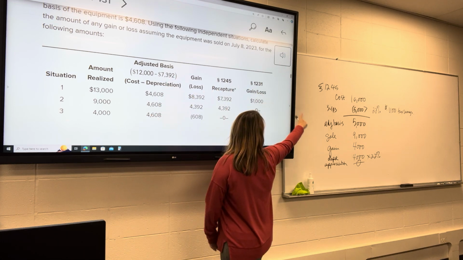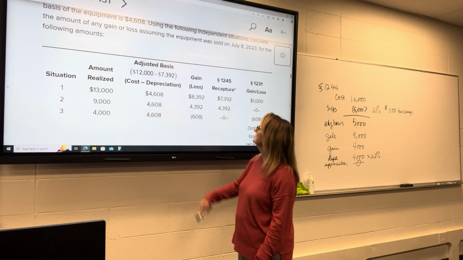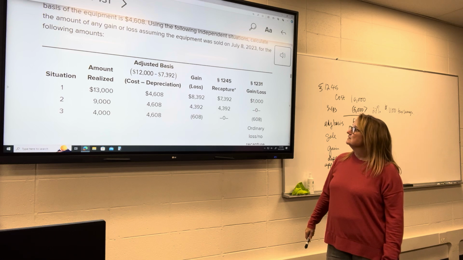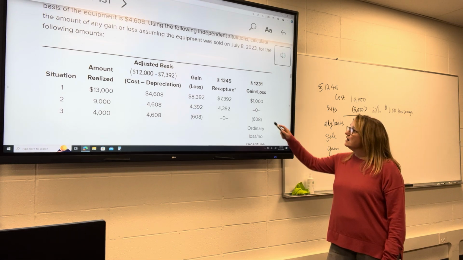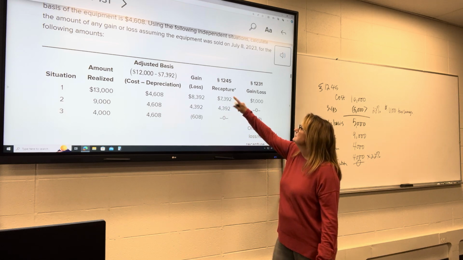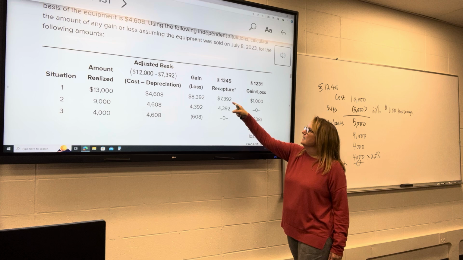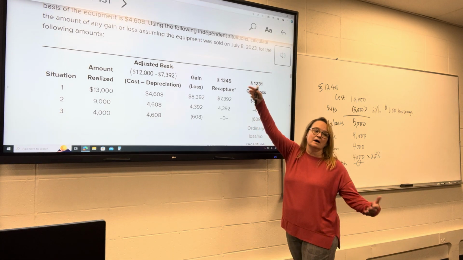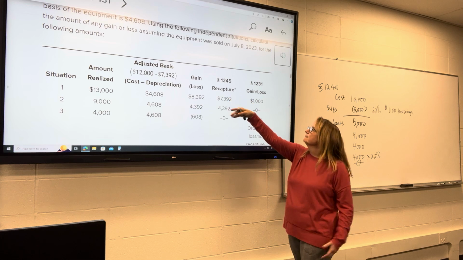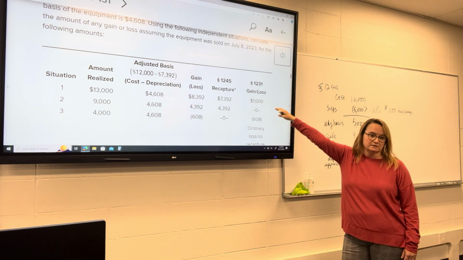First one, got $13,000 for it. So the gain in this case is $8,392. Of that gain, $7,392 of it is the 1245 portion, because it's going to be up to the depreciation that was taken. The rest of it is going to be a capital gain, 1231.